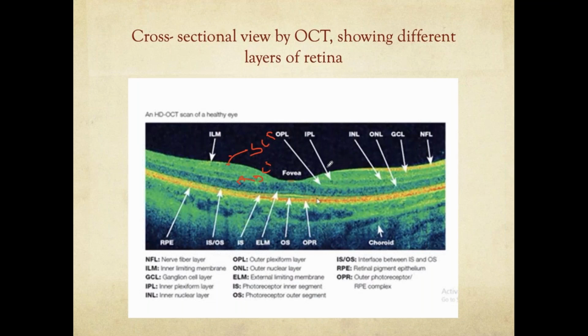Hence, this area will have a poor physiological or functional outcome. Now there might be a lesion just confined over here. Just because this lesion has caused a separation, you cannot say overall that the vision will be poor.